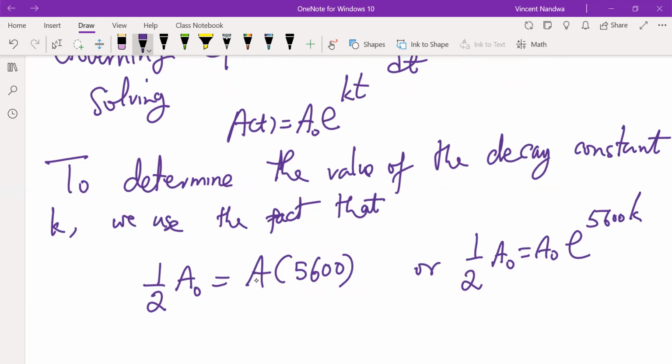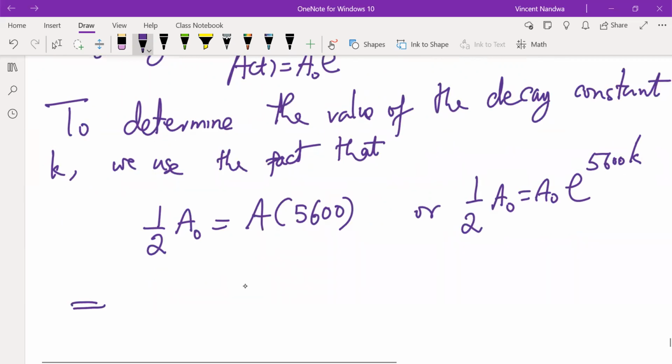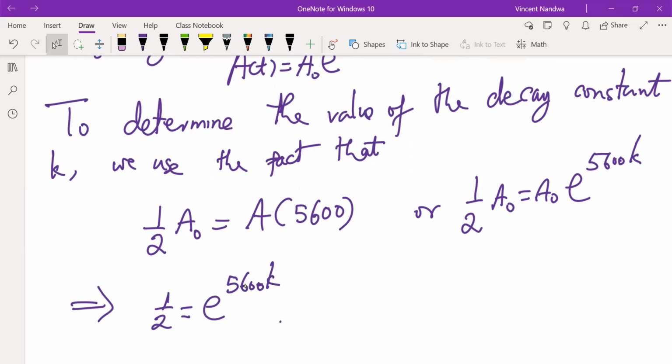So when you put 5,600 in this solution, this implies that a half equals e raised power 5,600k, which means getting ln on both sides, 5,600k is ln of a half.